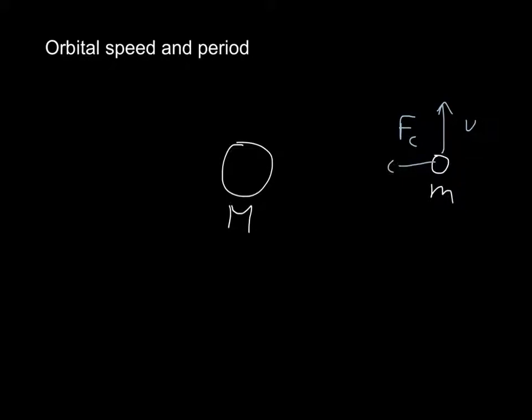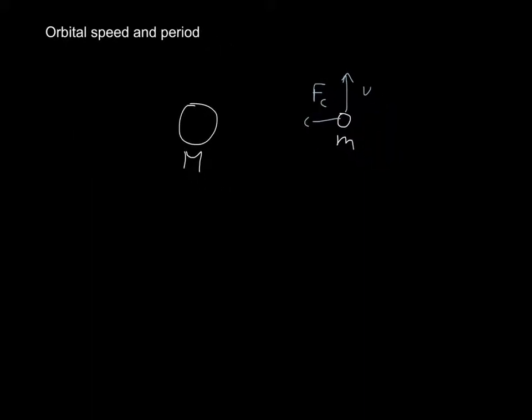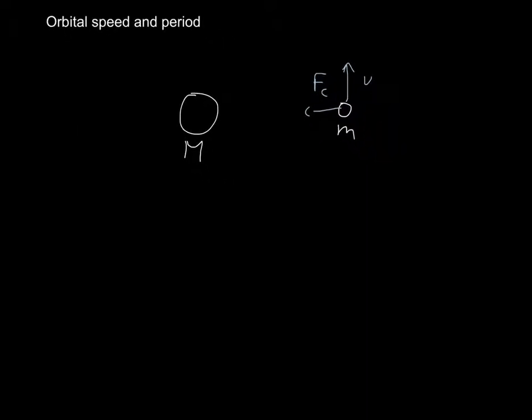So let's do it. First we know that there's a force between these two things, the force of gravitation, which is G M m over r squared. But from circular motion, we know that this force has to be equal to the centripetal force. Now pause the video and tell me the formula for the centripetal force.